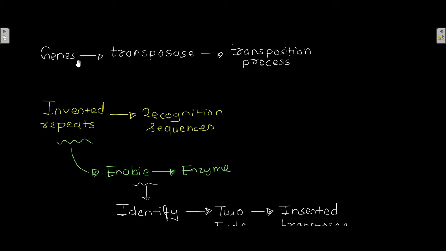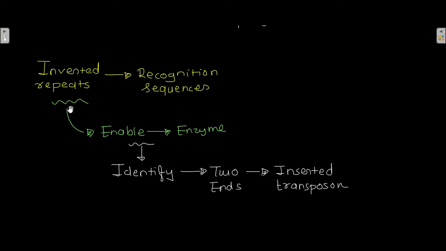The inverted repeats serve as recognition sites, which enable the enzyme to identify the two ends of the inserted transposon.